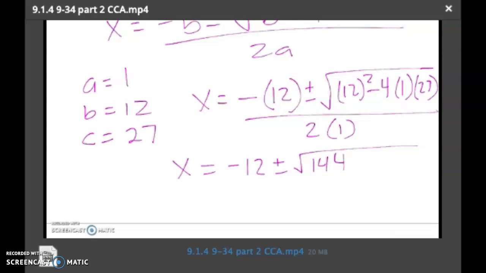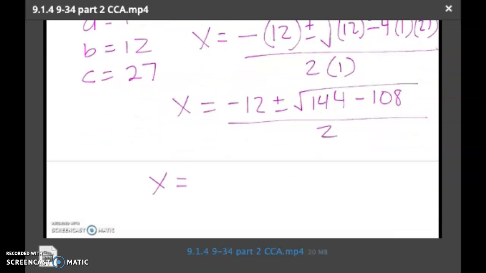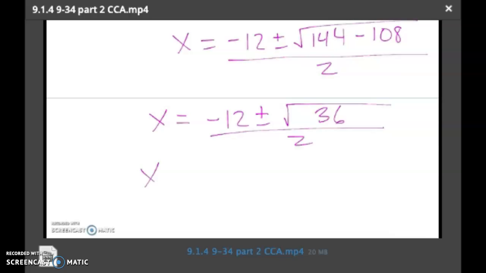And then we have negative 4 times 1 times 27 gives us negative 108 or minus 108 all over 2. I'm going to keep simplifying here. Negative 12 plus or minus the square root of 144 minus 108 gives us 36 all over 2. Keep going, get x equals negative 12 plus or minus the square root of 36 is 6 all over 2.